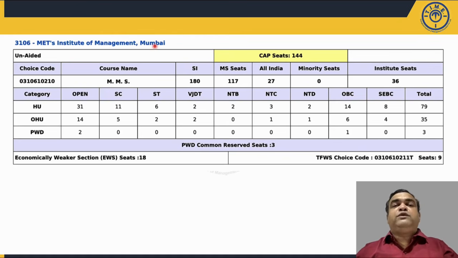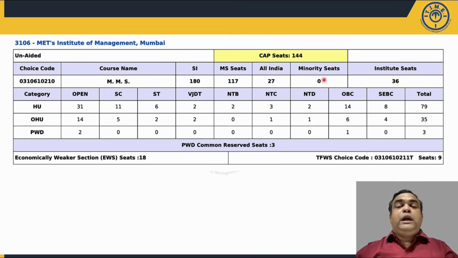So candidates for whom the home university is Mumbai have 79 seats reserved, and for candidates for whom the home university is not Mumbai, there are 35 seats. Under home university seats or outside home university seats, they will give a breakup as open category seats, SC category seats, ST category seats and so on. So this will give the detailed breakup of those seats.